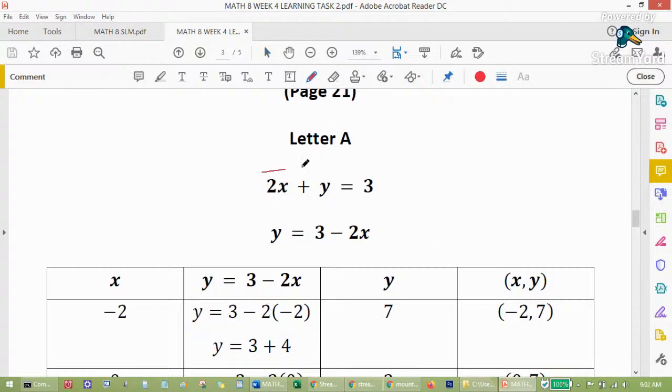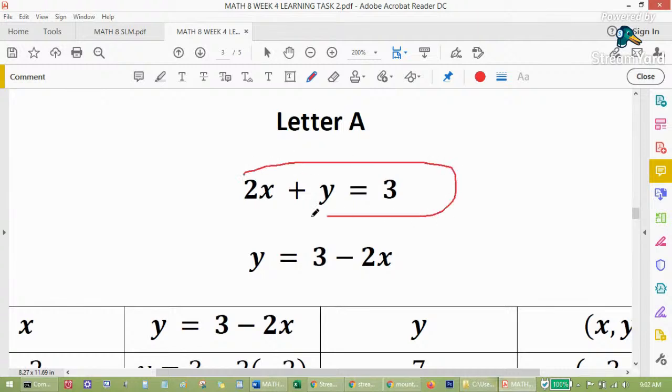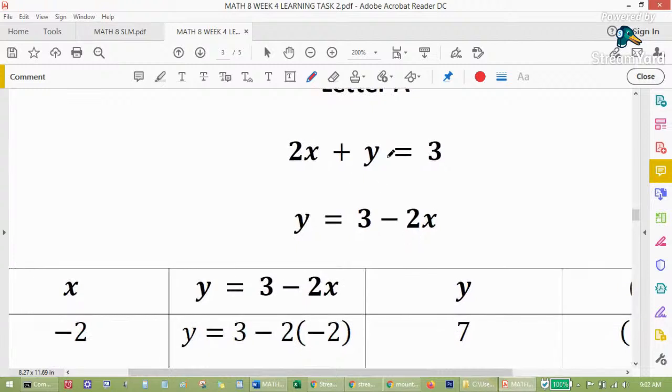So, ulitin natin. Ito yung original natin, ano? 2x plus y is equal to 3. So, itong positive 2x na to, nung nilipat natin sa kabila, naging negative 2x. Okay, so yung y is equal to 3, ganun pa din.